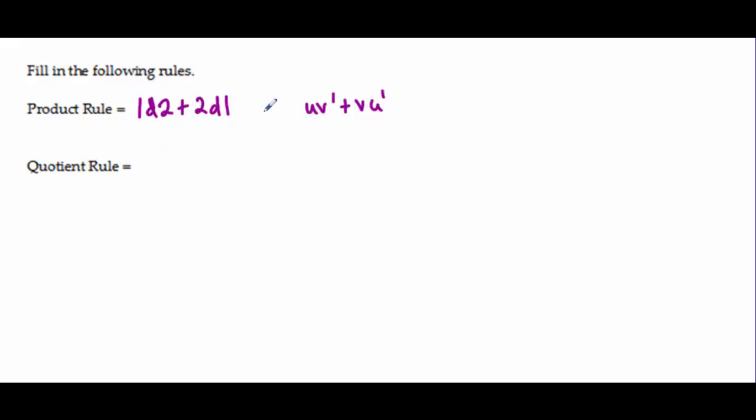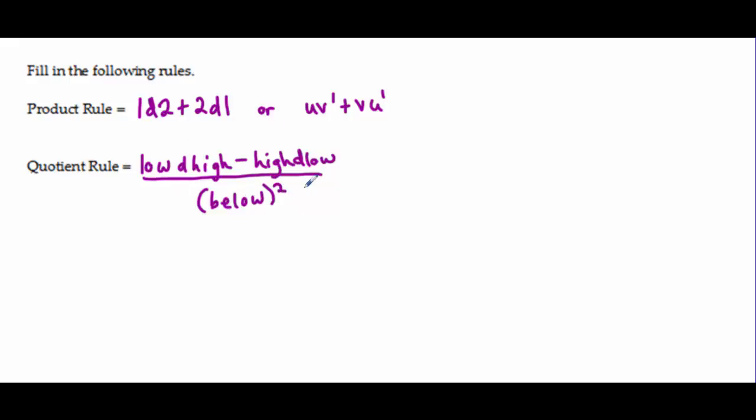The quotient rule has the same thing happening, that there are 2 different ways we can write it. One way is low d high minus high d low over the square of the one below. Something to that effect that gets that point across. And then in our u and v situation, that would be v u prime minus u v prime over v squared.